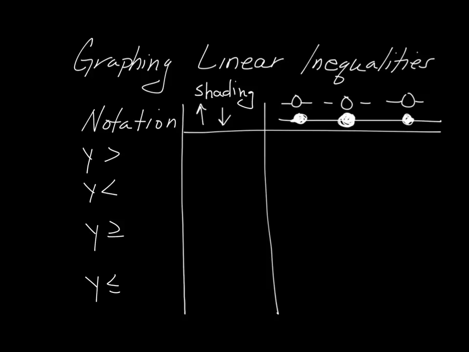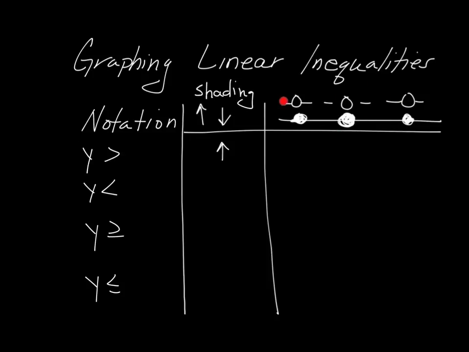So if it says y is greater than, that is an indicator that y coordinates get greater as they move up the axis. So what this indicates to me before I do anything is that I'm going to be shading up. Now, the other thing that it does is that because it is not equal to, it also lets me know which one of these I should be using.